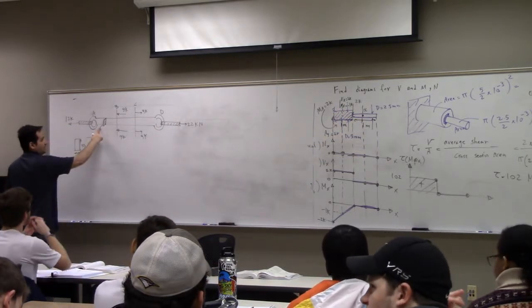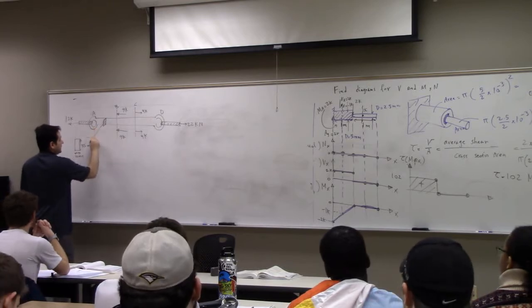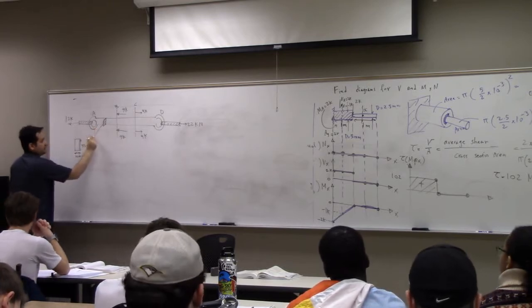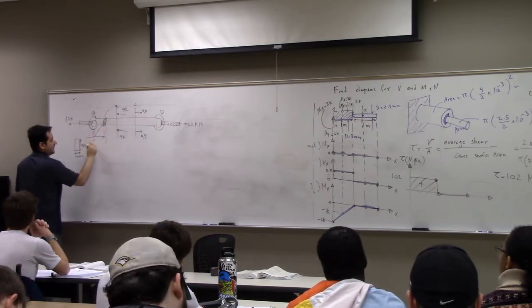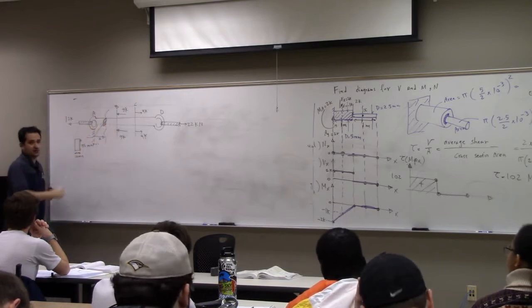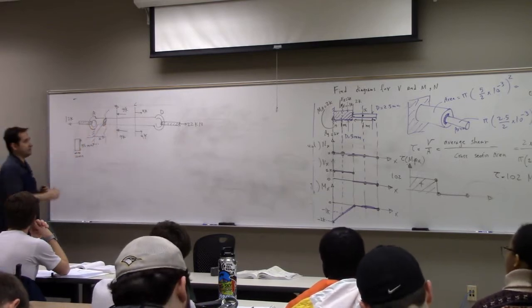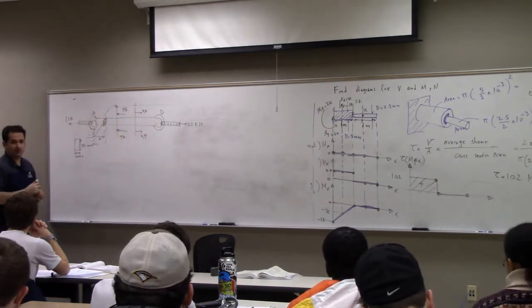So here, I want to find the normal force from here to here. So I put my X here. I cut it from the left. This is X0, and this is arbitrary X from here to here, right? Then if I cut it, what part should I take, the one on the right or the one on the left? The one on the left.